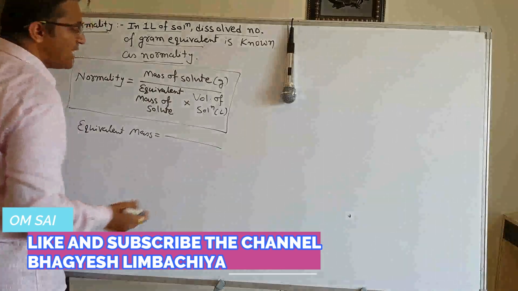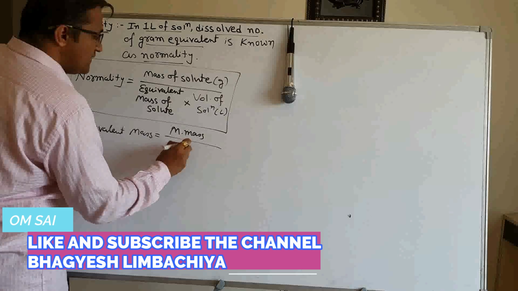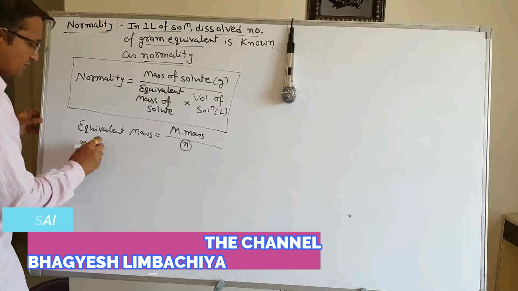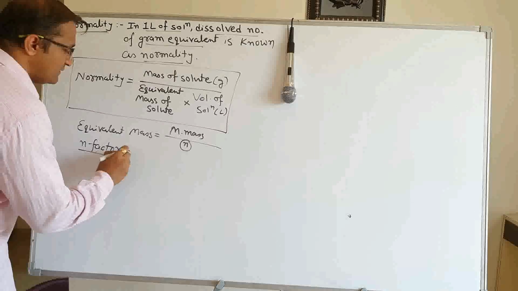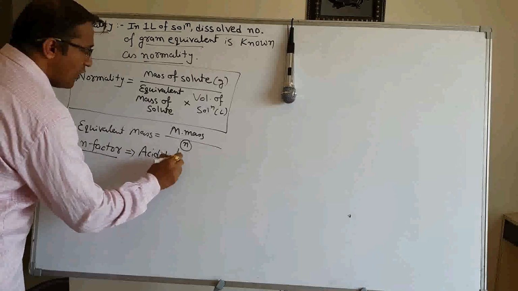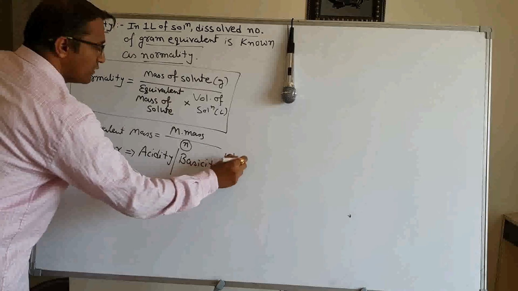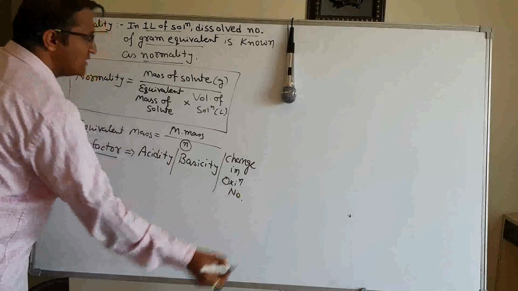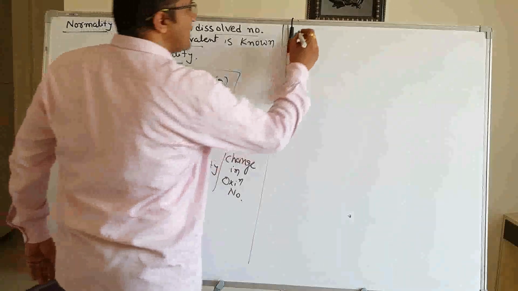So this equivalent mass is a molecular mass divided by n factor, and this n factor will be either acidity or basicity or change in oxidation number. Now we will consider all the terms one by one.